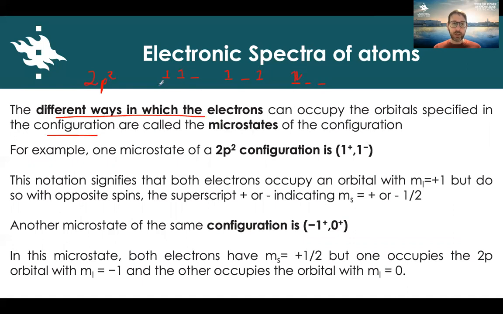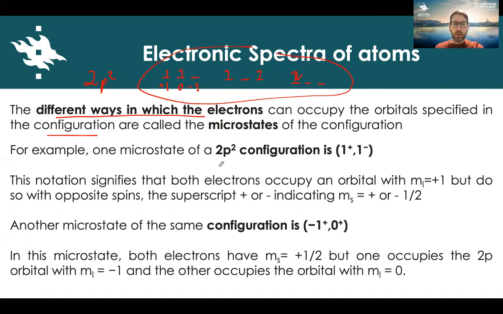Here the ML is 1, 0, -1, and this is for the spin, here plus 1/2 and plus 1/2, and here plus 1/2 and minus 1/2. So the different ways in which the electrons can occupy these orbitals specified in the configuration are the microstates of this configuration.